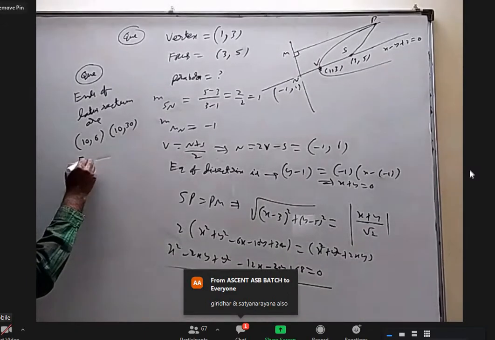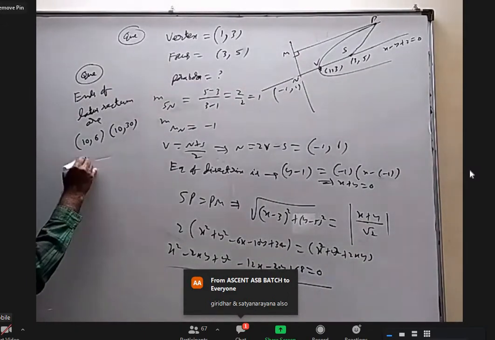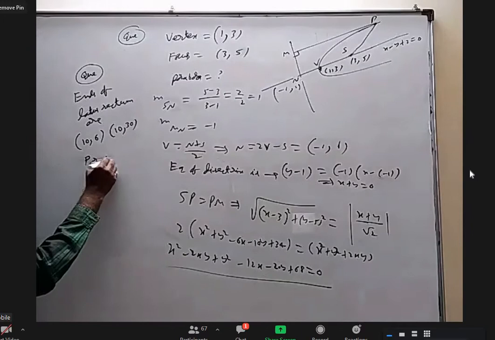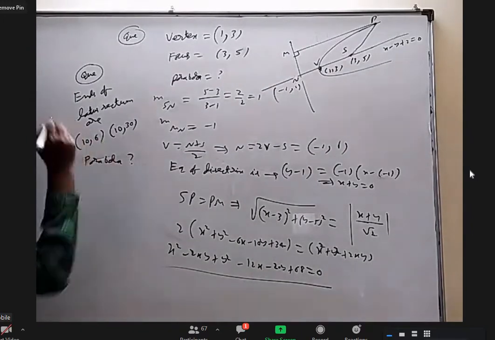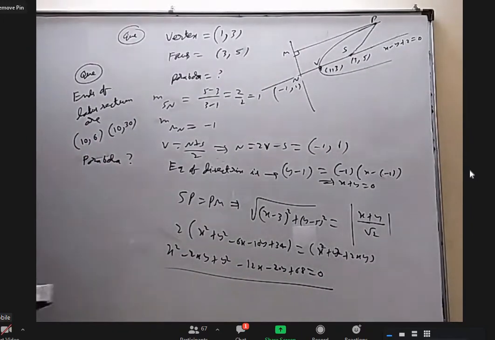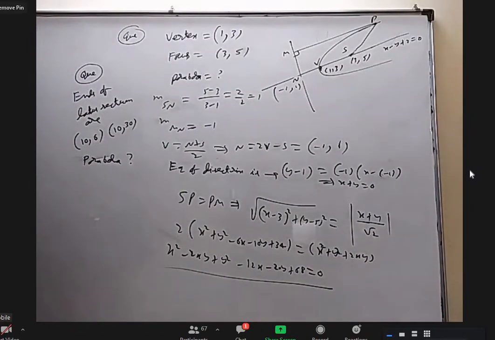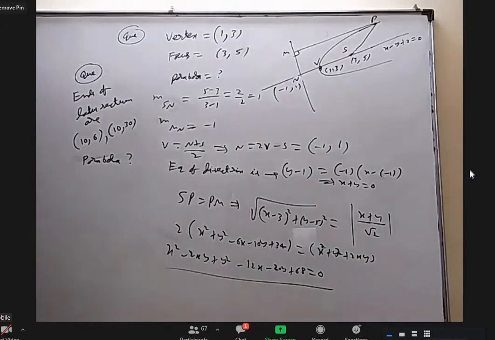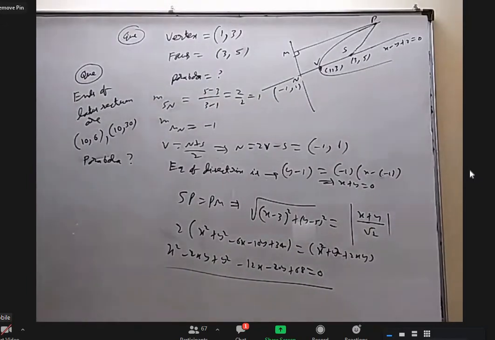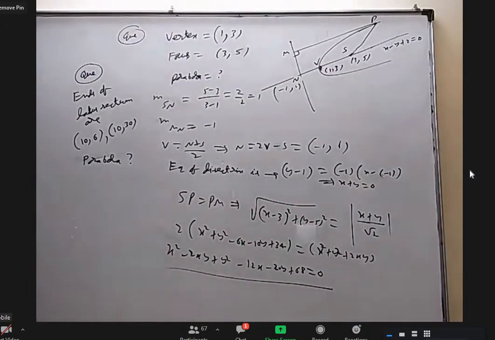Find the parabola. Ends of latus rectum of a parabola (10, 6), (10, 30). Find the equation of the parabola. I want to first of all draw the figure and try this.